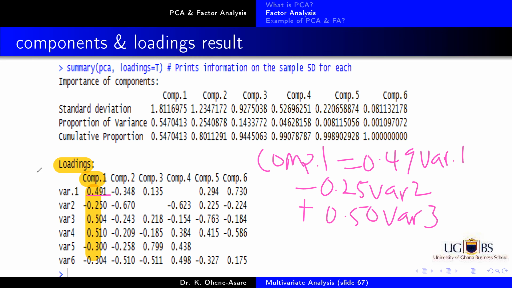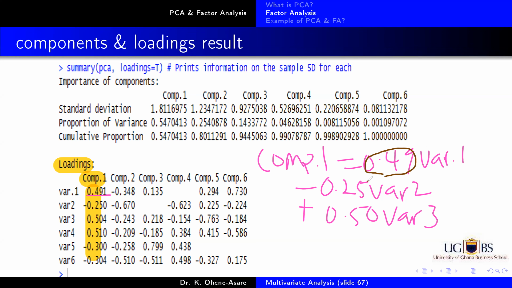So what this means is that each one of these variables, the coefficient, the weights, each one of them tells you the contribution of the variable towards the formation of principal component one. Okay. That's it. So the first one here is the contribution of variable 1 towards the formation of comp dot 1.